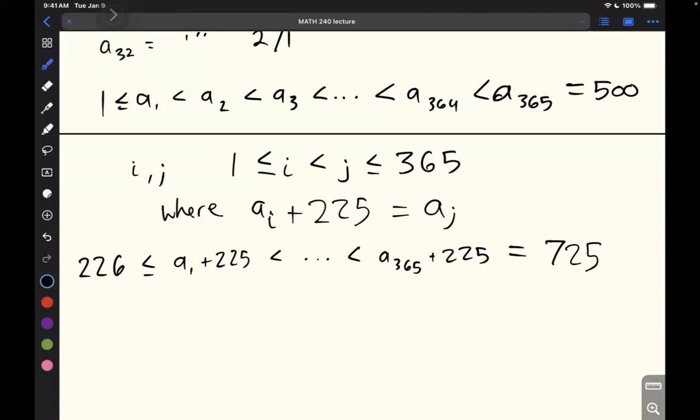How many numbers are in this inequality? Like how many counts do we have as we go throughout the year? Not a trick question. 365. Yeah. How many counts do we have in this inequality? Also not a trick question. 365. We just added 225 to each of them.